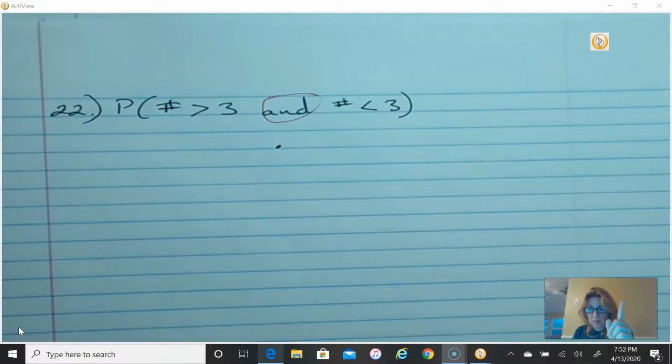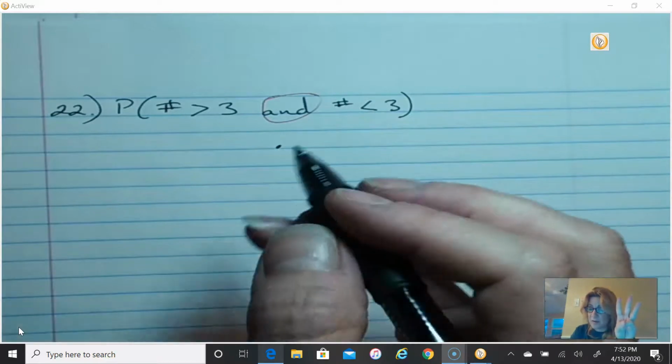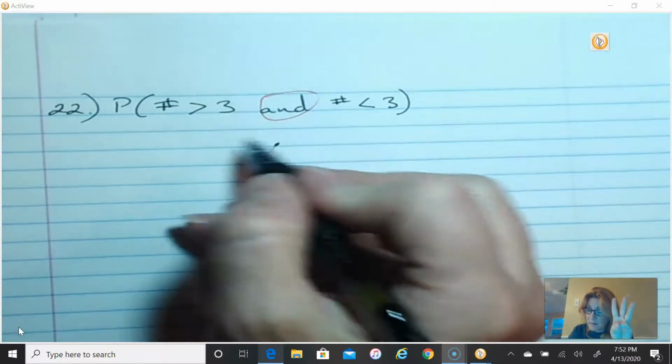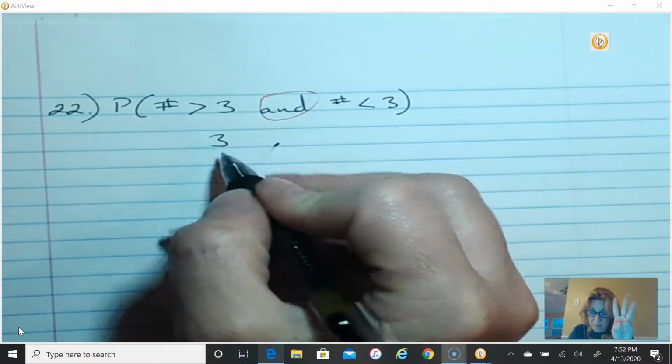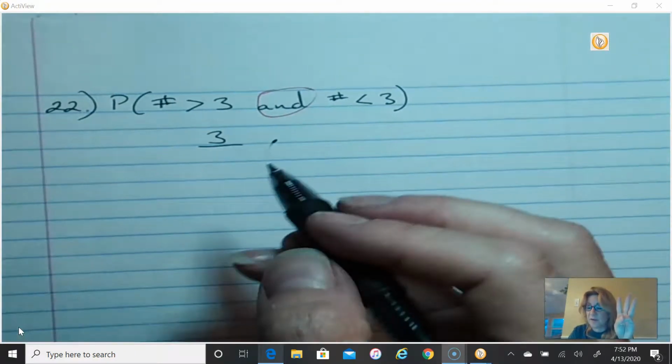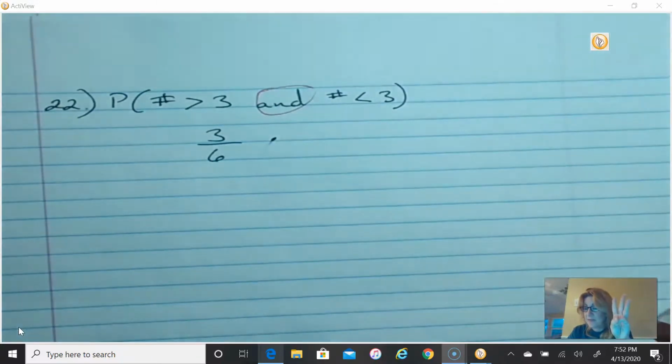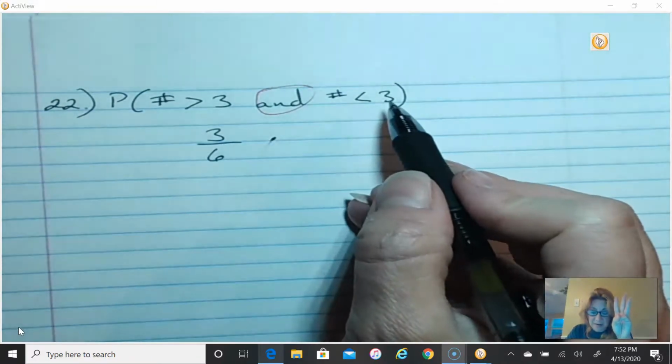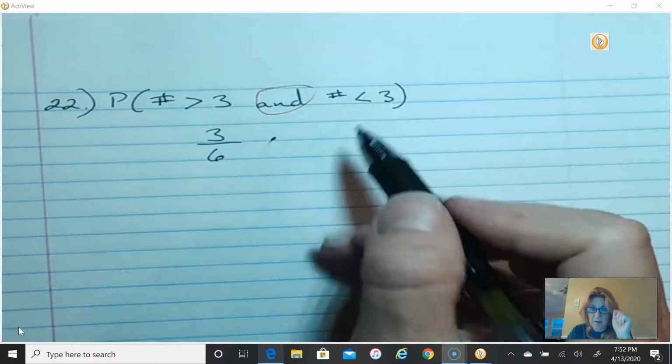Well, you have 4, 5, and 6. So how many numbers are greater than 3? That's right, 3. How many total are there? How many total numbers are on that spinner? 6.